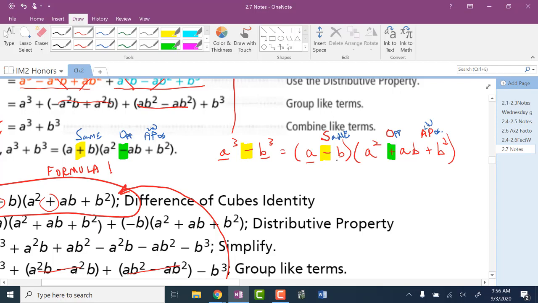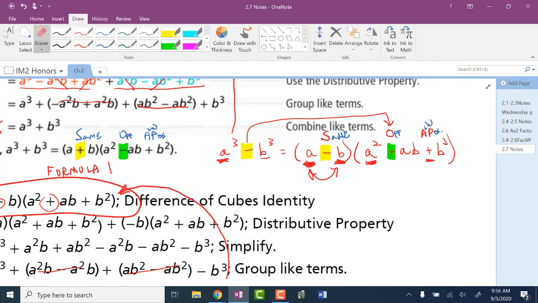The second element is the perfect cube of that. Same. This term is this perfect cube squared. Opposites. This middle term is these two terms multiplied together. And then always positive. This last term is this term squared.